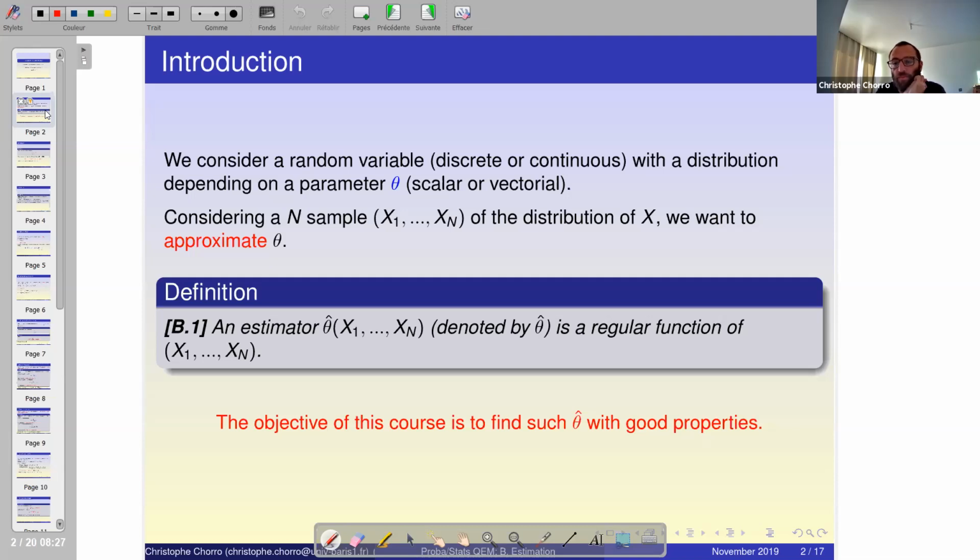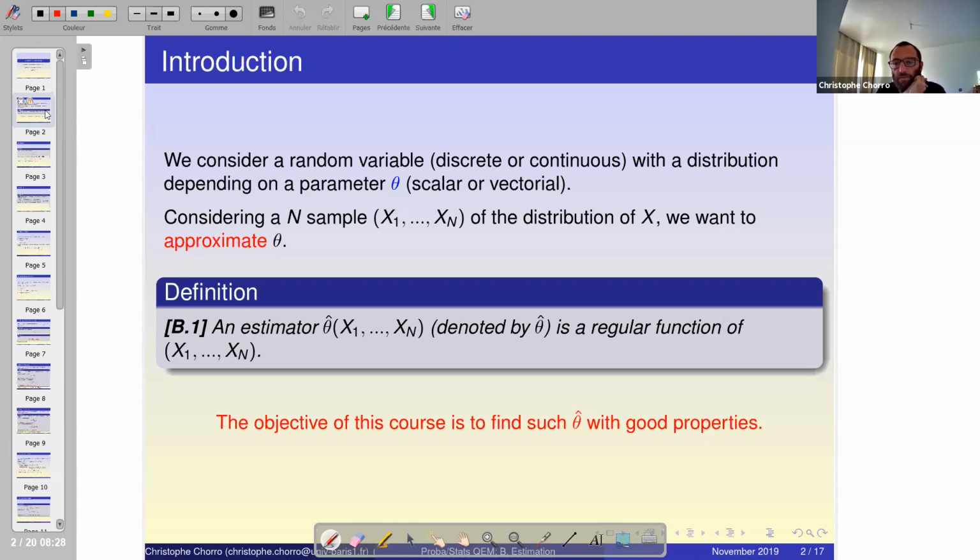And in order to approximate theta, there is a notion that I have previously introduced in the previous chapter, but let me remind it. What is an estimator? It's the definition B1. An estimator is just a regular function of the observations. So I will denote it in this section by theta hat, theta being my parameter of interest.